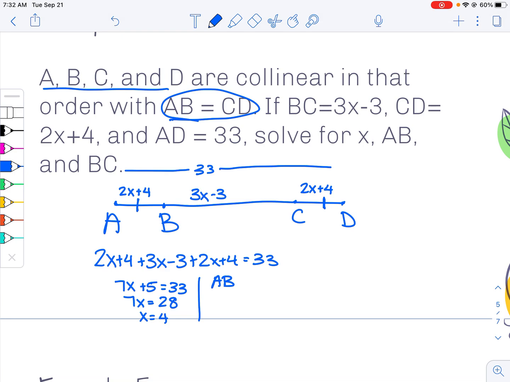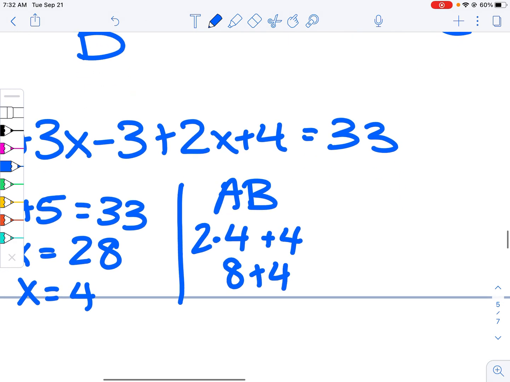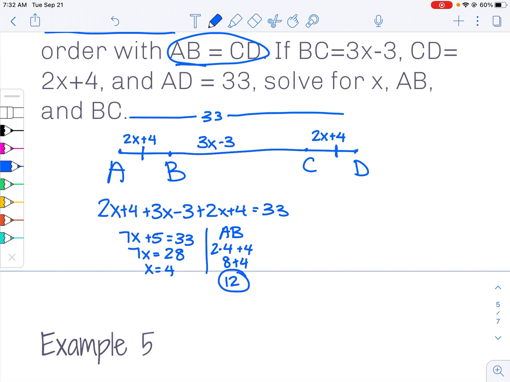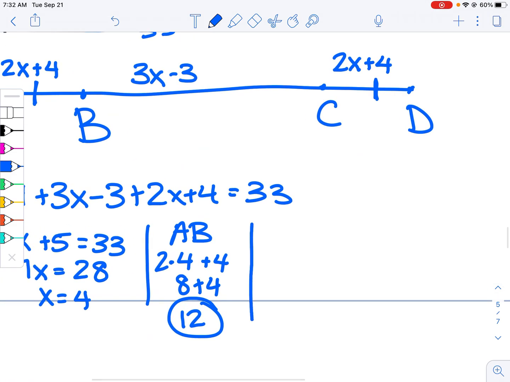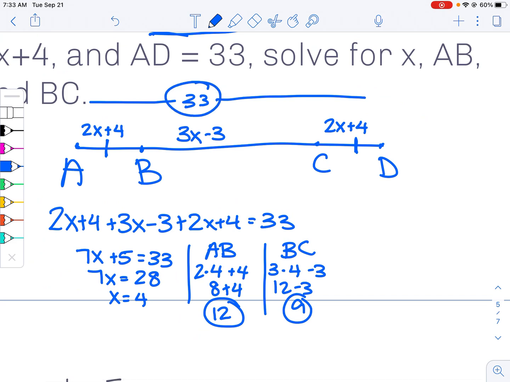AB then is going to be 2 times 4 plus 4, or 8 plus 4, 12. And then lastly, I'm looking for BC. I can either do 3 times 4 minus 3, 12 minus 3, 9. Or I could have said, hey, the whole thing's 33. I'm going to subtract 12 off twice, and I still get 9.